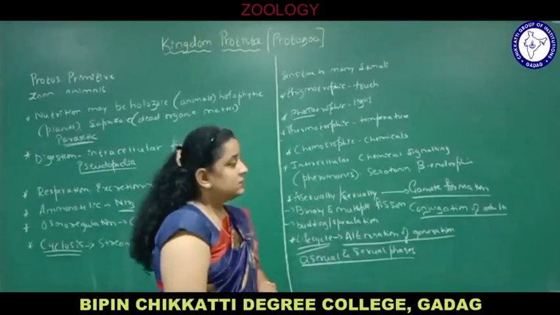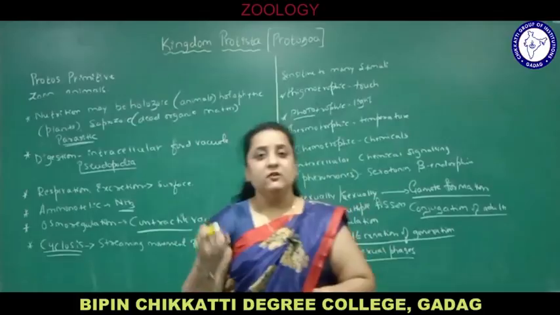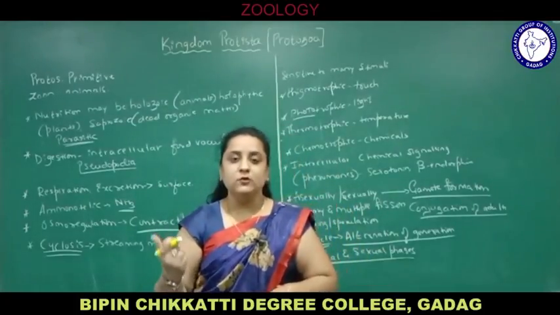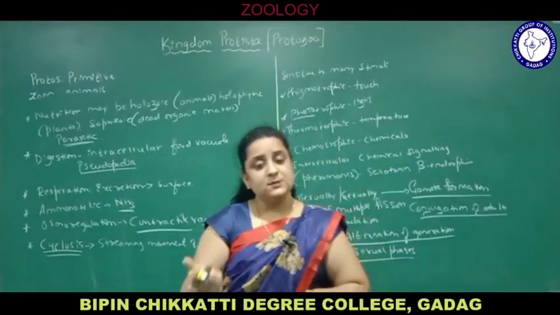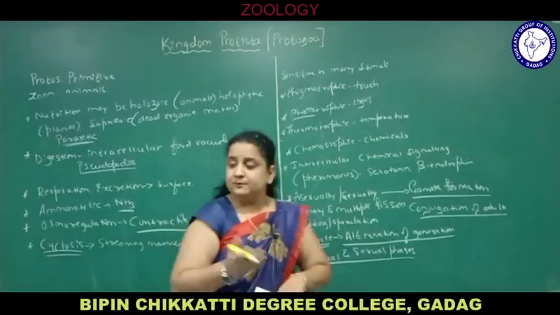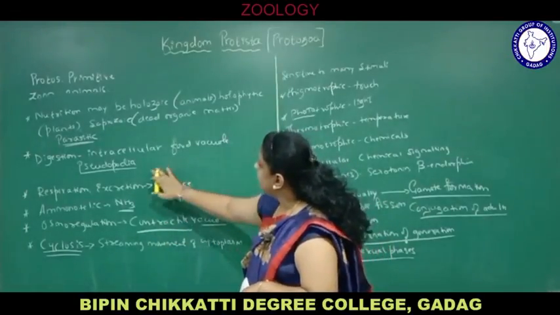So this is about the general characters of phylum Protozoa: their mode of nutrition, where they are available, eukaryotic, unicellular, mode of nutrition, digestion, respiration, excretion, then sensitive to many stimuli. Then we have seen digestion is by food vacuole or by pseudopodia.